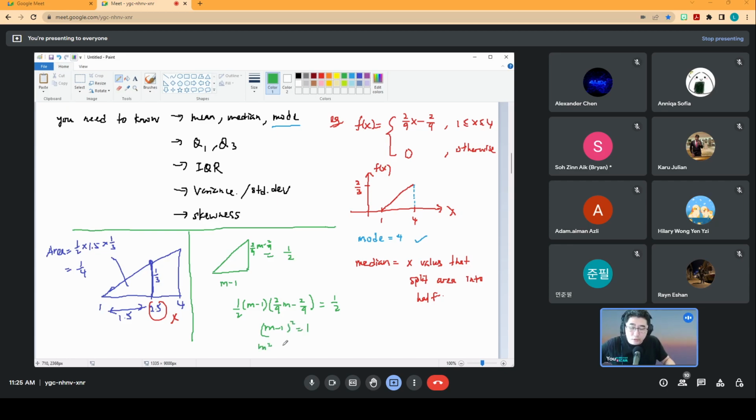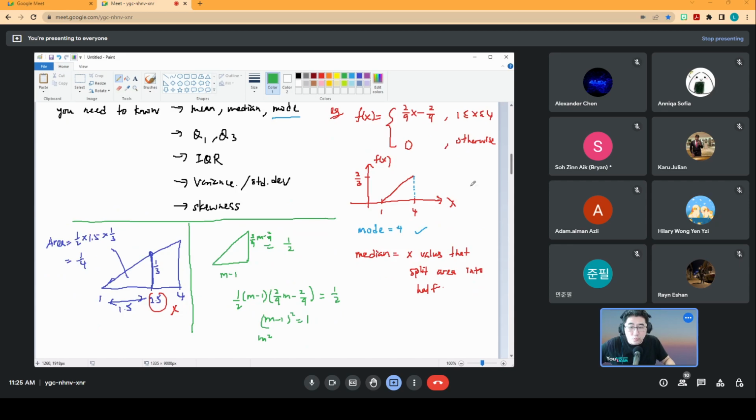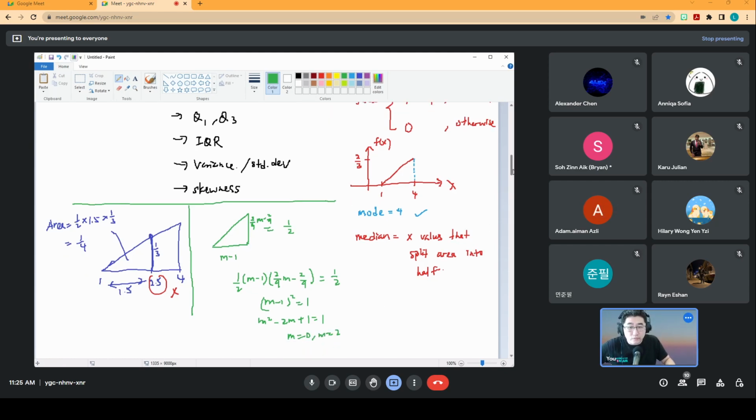So you have m squared. Hey, did I calculate them correctly? 1/2, okay. m squared minus 2m plus 1 equals 1. Okay, m equals 0, m equals 2. Okay, it suggests that the median answer is 2. So since it suggests 2, that cannot be.